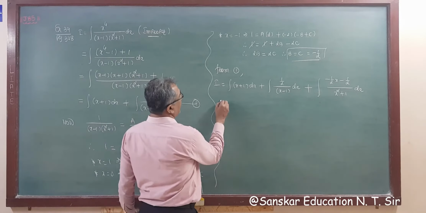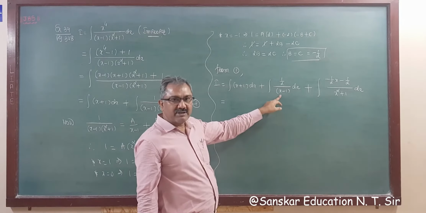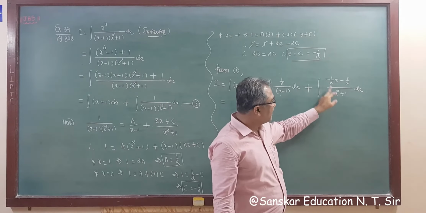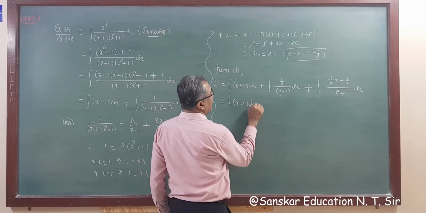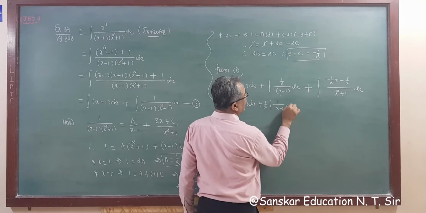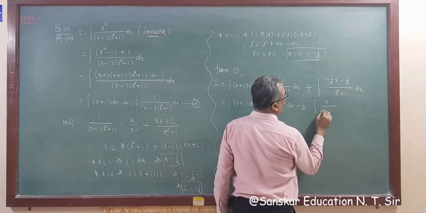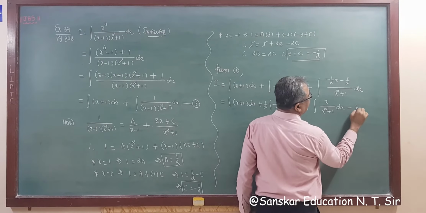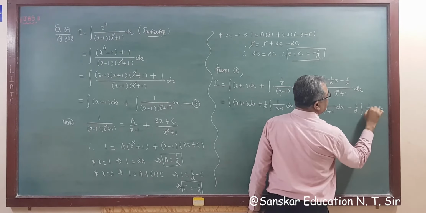Now integrating, this is easily integrated. Derivative of the denominator is in the numerator, so this can also be integrated. Now bifurcating this, what we get? Integration of x plus 1 dx plus 1 upon 2 integration of 1 upon x minus 1 dx minus 1 upon 2 integration of x upon x square plus 1 dx and minus 1 upon 2 integration of 1 upon x square plus 1 dx.